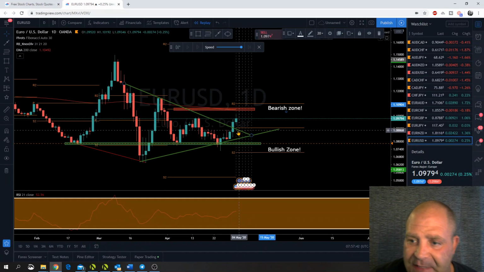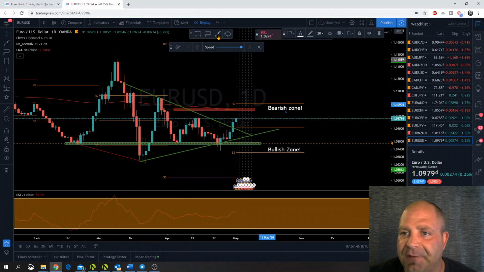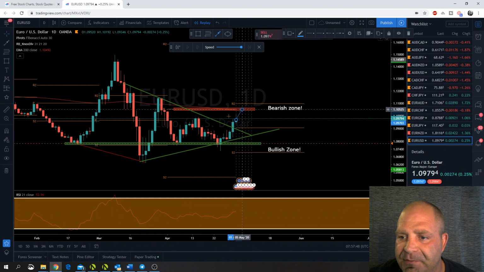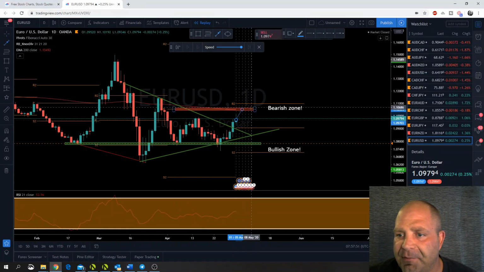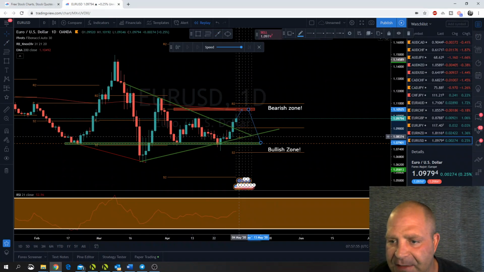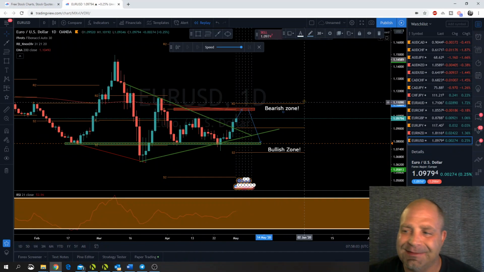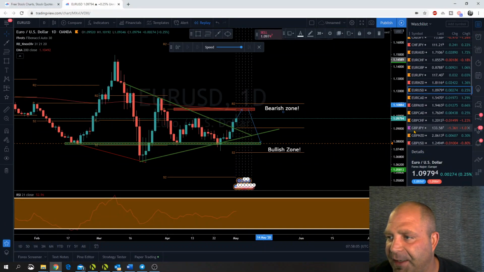We didn't quite retest. So I'm going to wait. I think if we get a pull up to this area, I'm going to sell this puppy. And if we come back down, test this, it bounces off it, that'd be a great place to buy back up. But where we're sitting right now, no real good play.